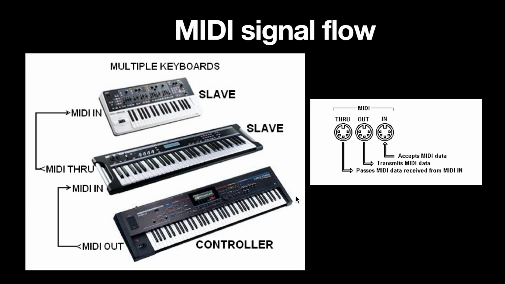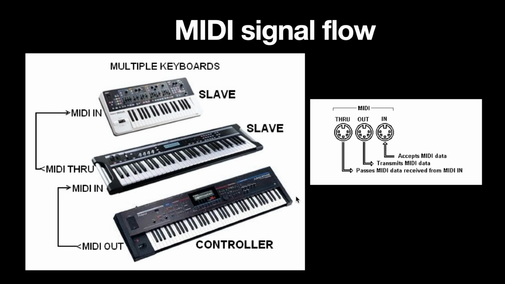And the way that MIDI works is it sends out a signal from one keyboard, and it's a digital signal that's only sending control information. And so the MIDI out of one keyboard goes into the MIDI in of another keyboard. This is the old way we used to make sounds.